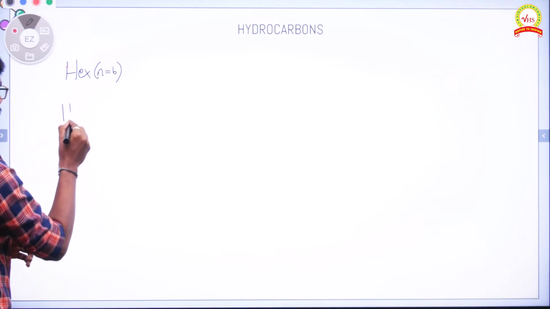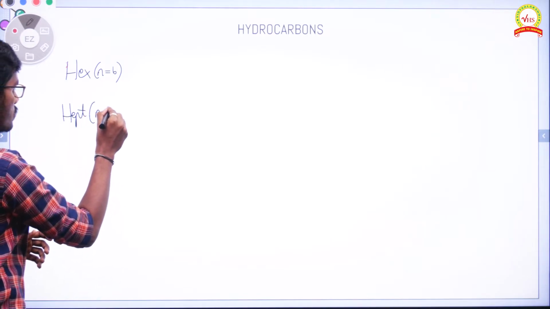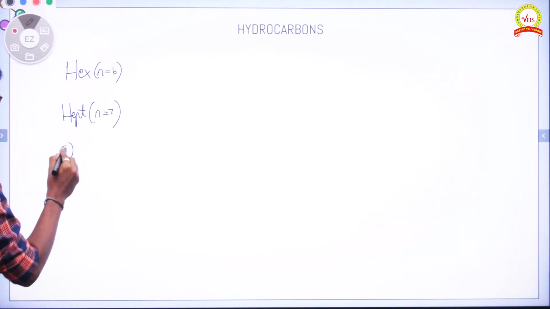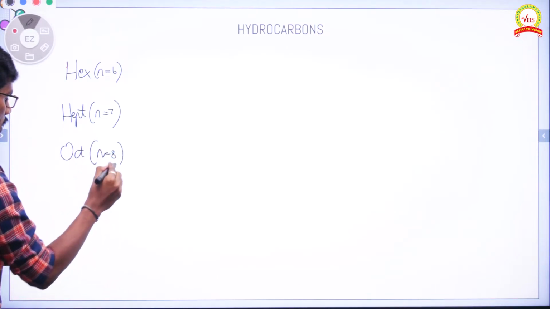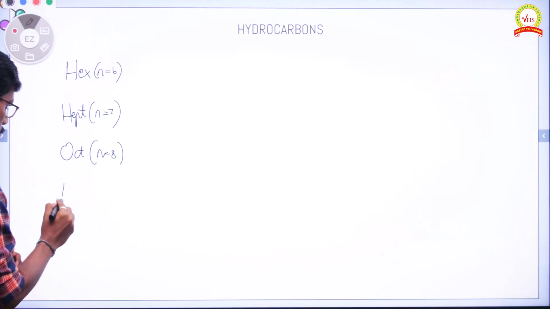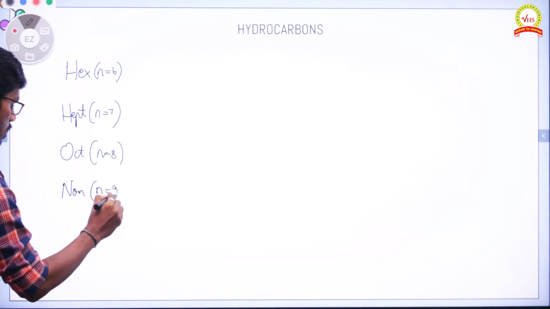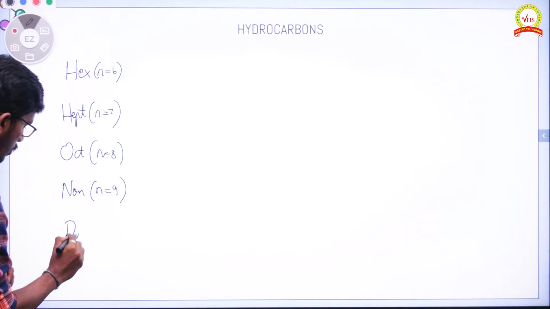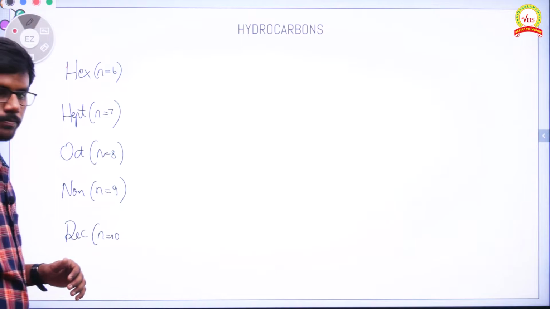For 7, the prefix word is going to be hept, n is equal to 7. For 8, it is going to be oct, n is equal to 8. For 9, it is going to be non, n is equal to 9. And for 10, it is going to be dec, and n is equal to 10.